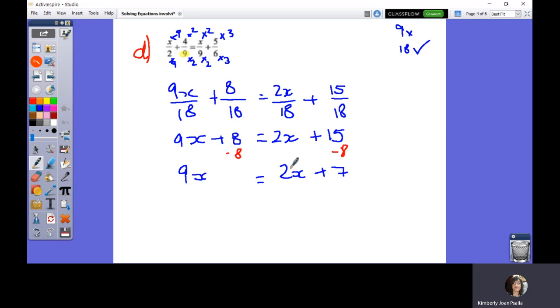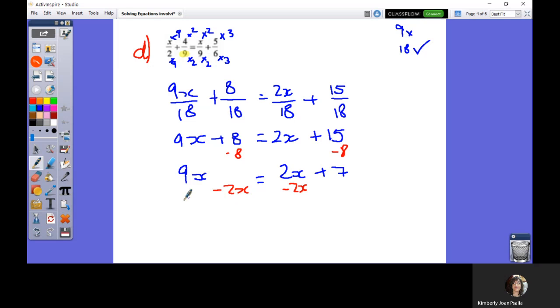Now, in order to get all the x's on one side, we can get rid of this 2x and we put it here. So to cancel 2x from the right hand side, we have to subtract 2x. However, we need to do the same thing to the left hand side.